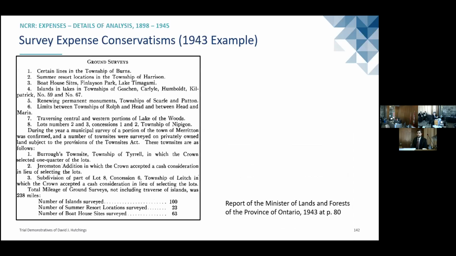On slide 142, this is a summary of ground surveys. Here they don't provide a quantitative measure, so we can say what was the effort on each of these issues. But you can see they're surveying townships, they're surveying summer resorts, for which we do include revenue.